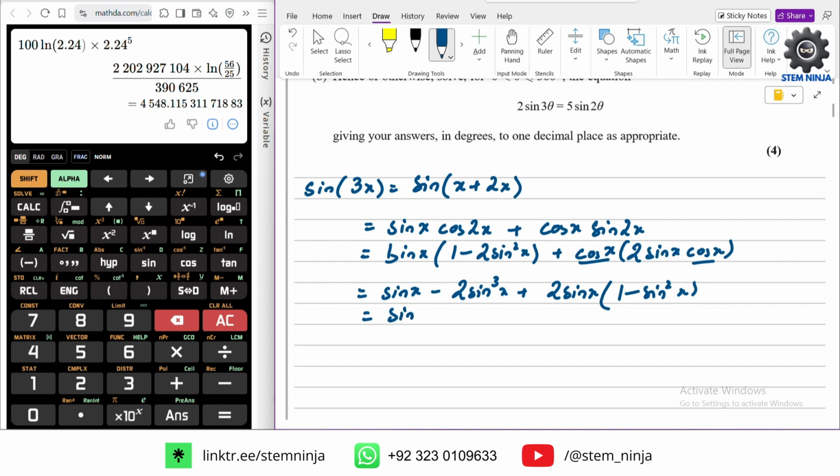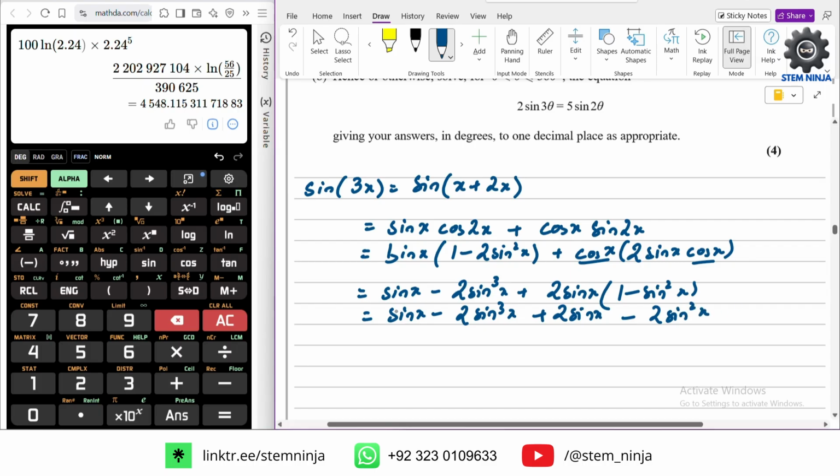So keep simplifying. Sine x minus 2 sine cubed of x plus 2 sine of x minus 2 sine cubed x. We get 3 sine of x minus 4 sine cubed of x.